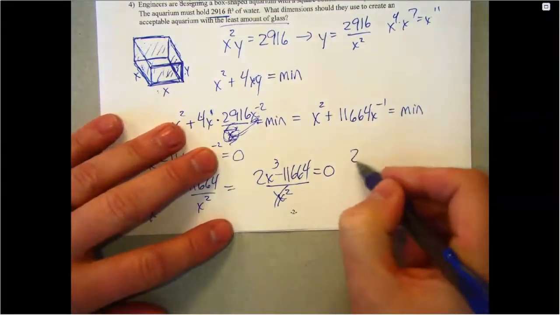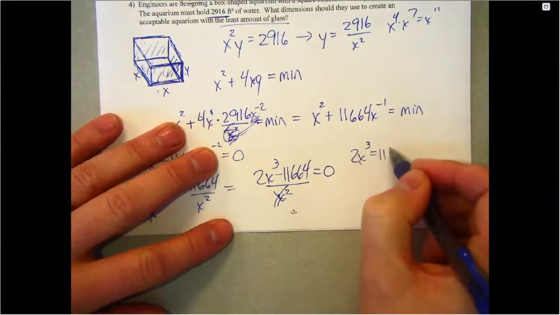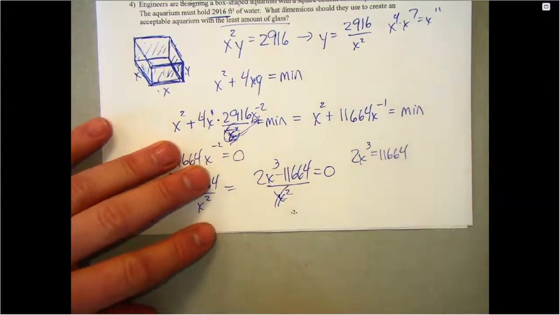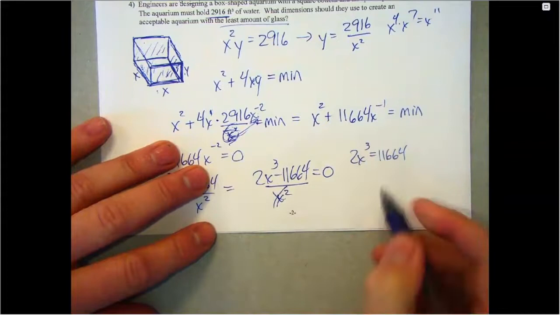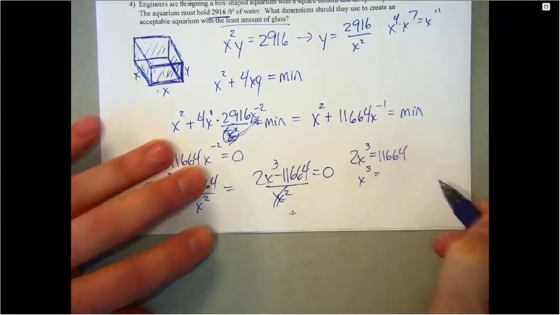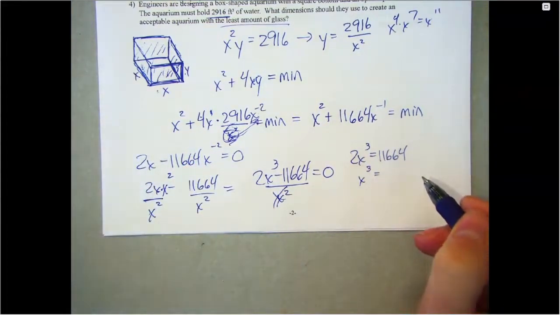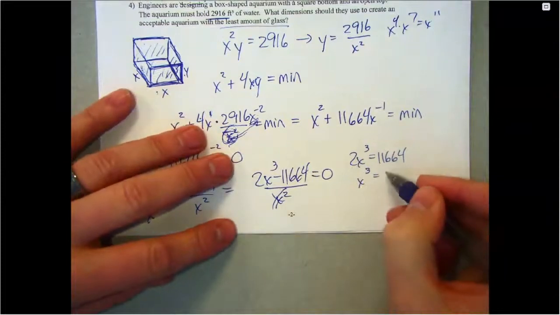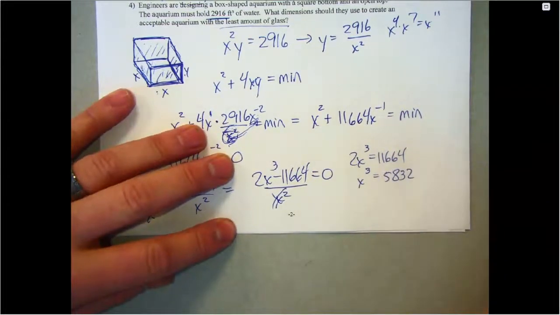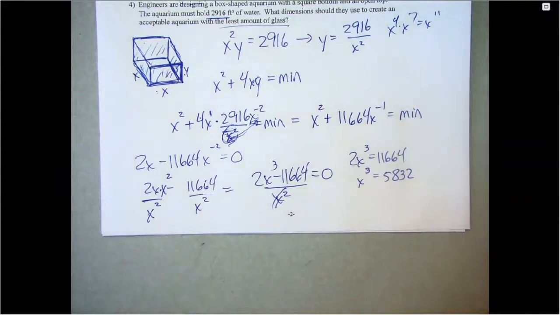So I would add 11664 to both sides. Divide by 2. 5832. And then you've got to be able to solve this. You'll have a calculator to do this, but how do you uncube something?